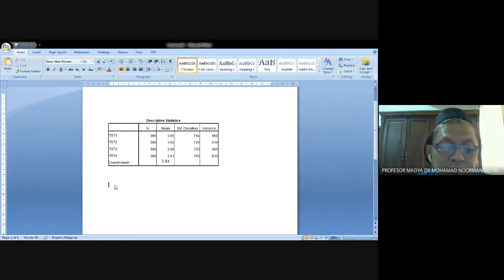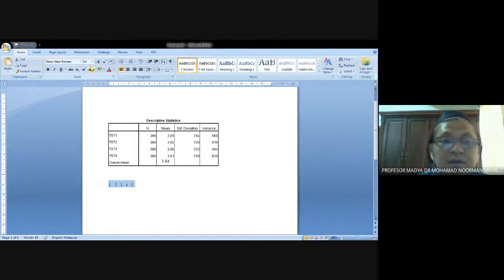Now it is 1, 2, 3, 4, 5. This is the Likert scale, right? Can you see? 1 is strongly disagree, 2 disagree, 3 undecided, 4 is agree, 5 strongly agree. Now 3.84 is somewhere here, right?